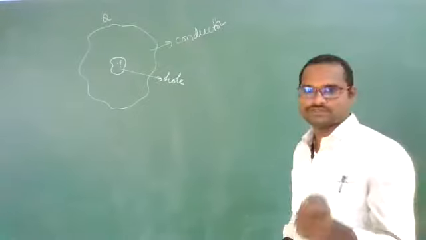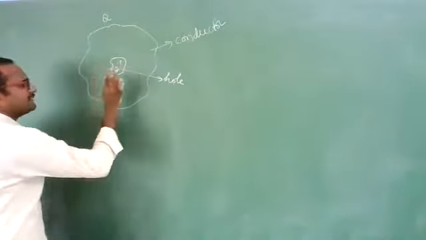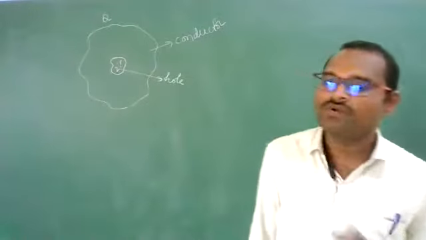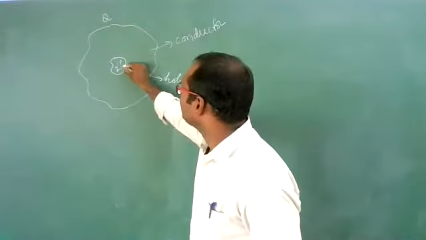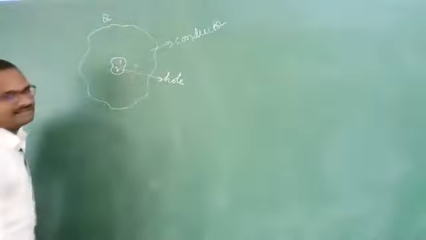Let us suppose there is some charge Q present inside that cavity. Then what will happen? Take any one particular point and draw one Gaussian surface.